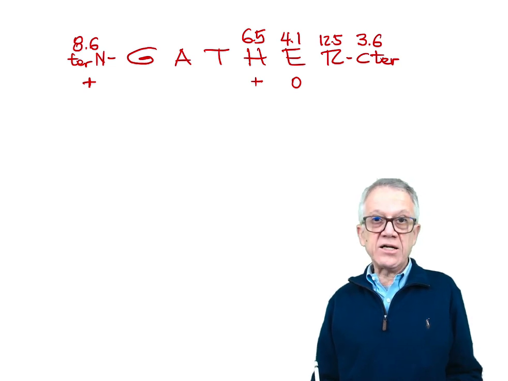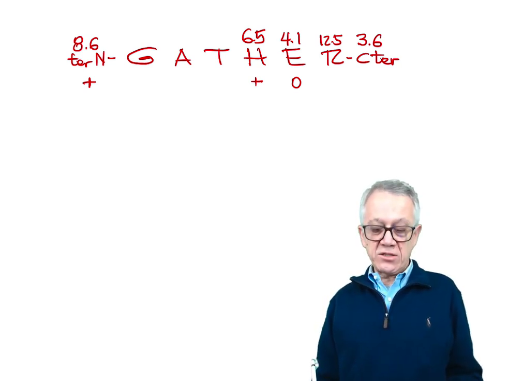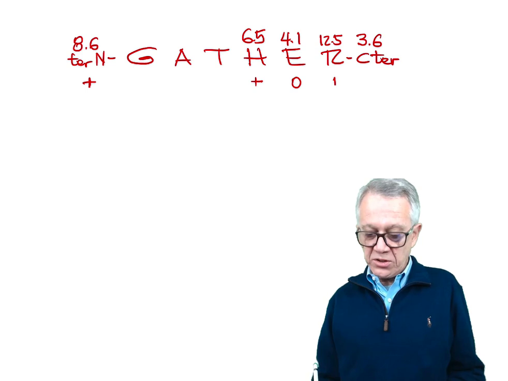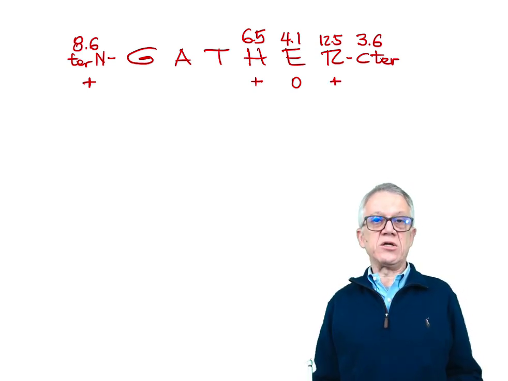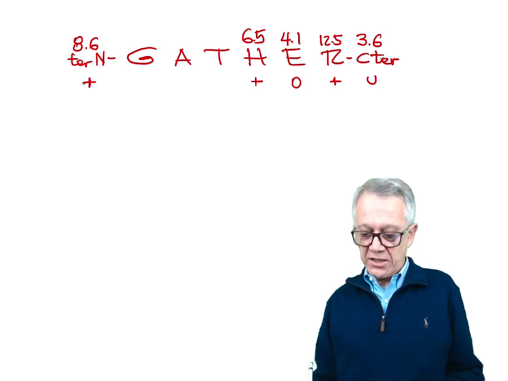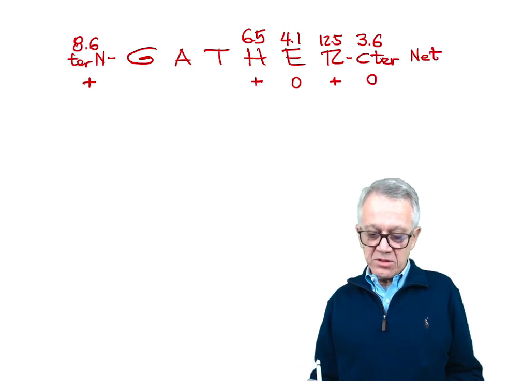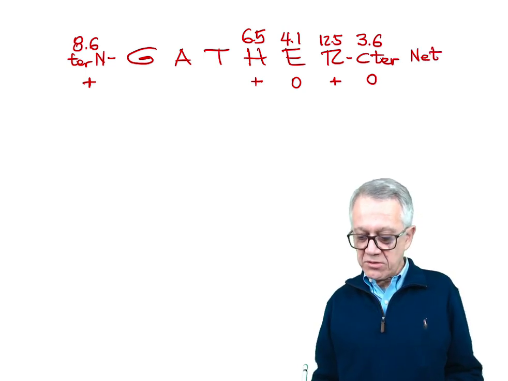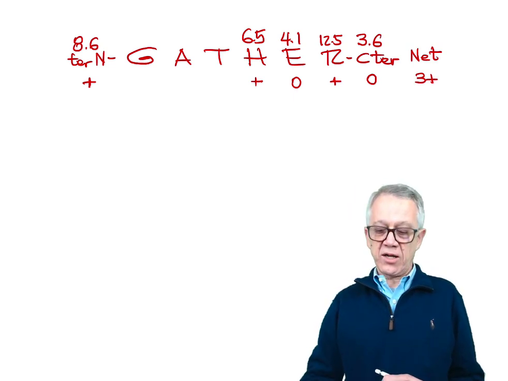And the arginine, fully protonated, the side chain is going to be positive. So the C terminus, C double bond O, OH, fully protonated, no charge. So the net charge that we get is the calculation of all of these three here. That's going to be 3 plus in this particular step.